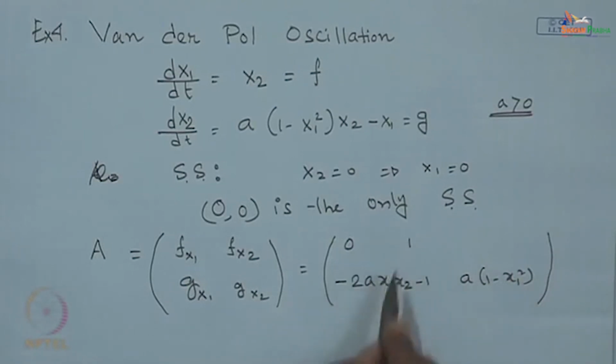So, these are the 4 elements of the Jacobian matrix, and we evaluate this Jacobian matrix at the steady state 0 0.